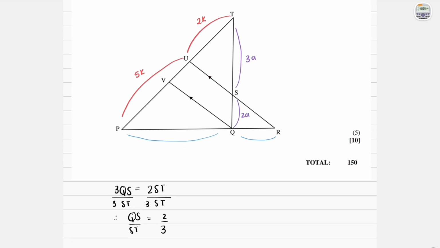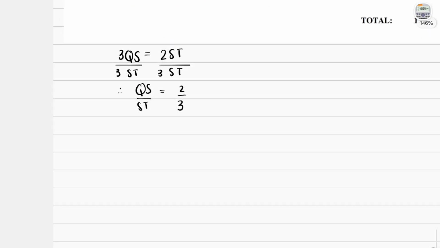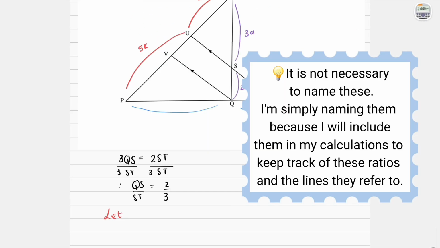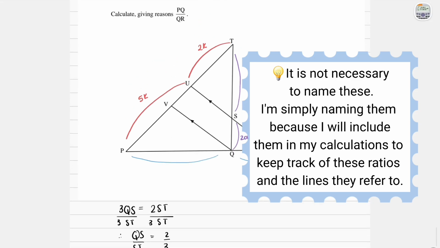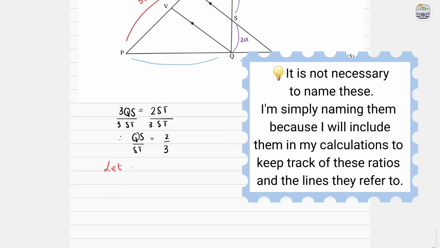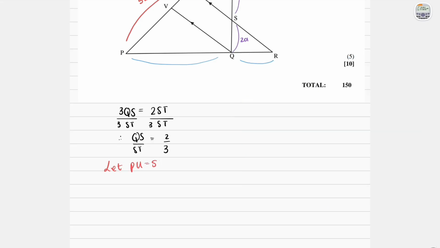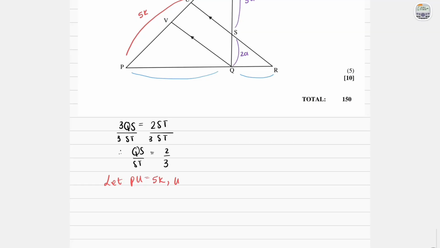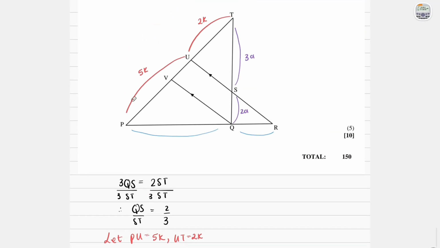So 5K and 2K and so on. So let PU be equal to 5K and UT be 2K. So PU is 5K and then UT, I'll call that 2K. So UT is 2K. Okay, just showing that it's from the same line.